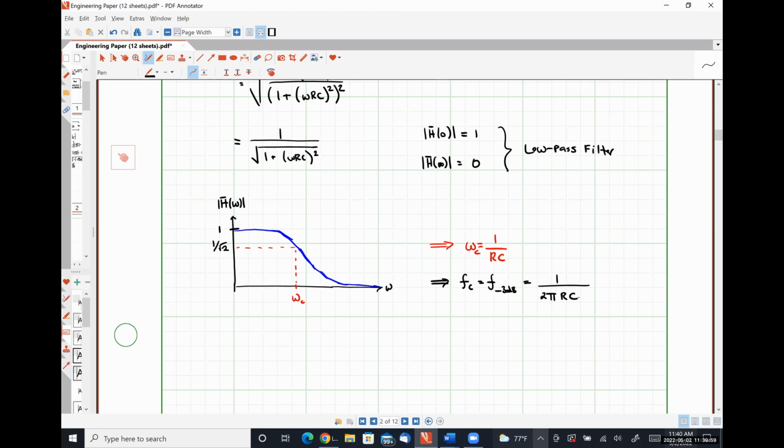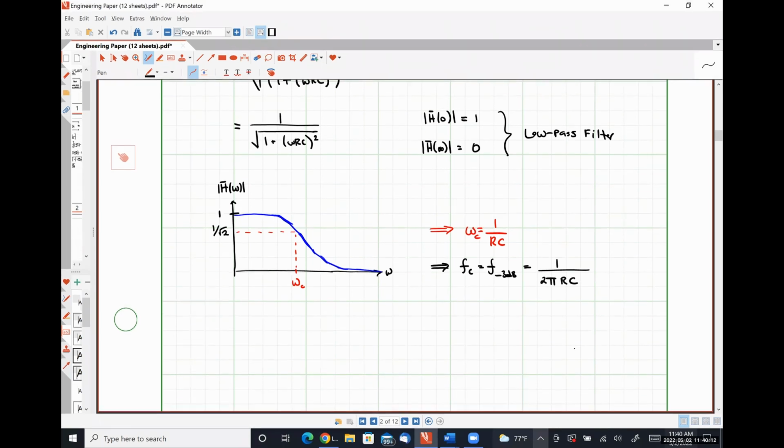So this is our magnitude response. Our phase response is fairly straightforward as well.